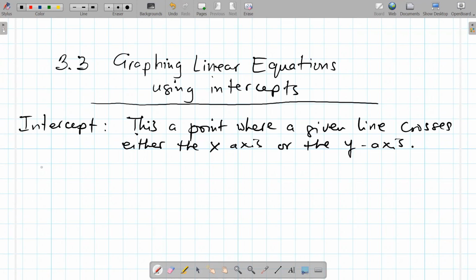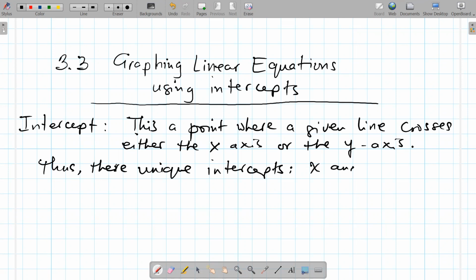That means that there are two unique intercepts. That is, we have the x and the y intercepts.